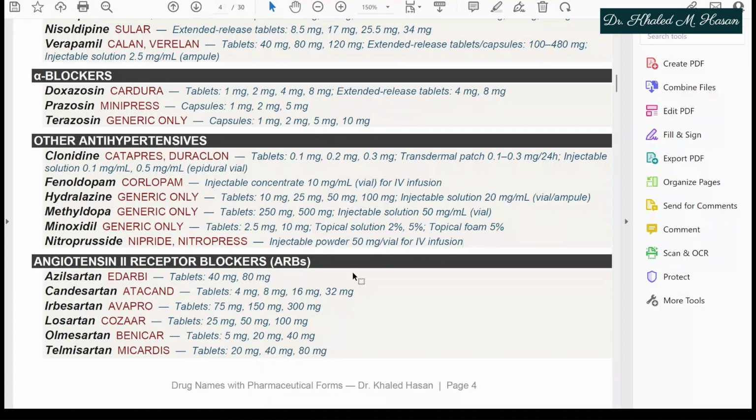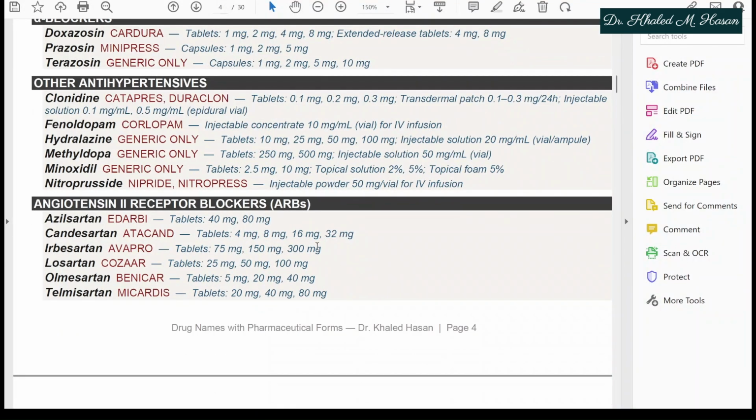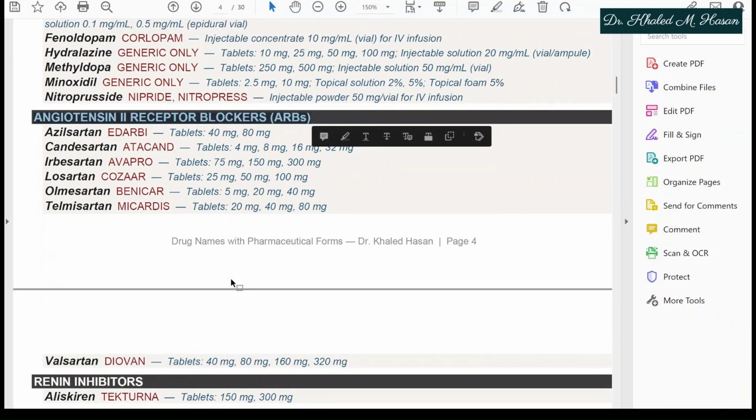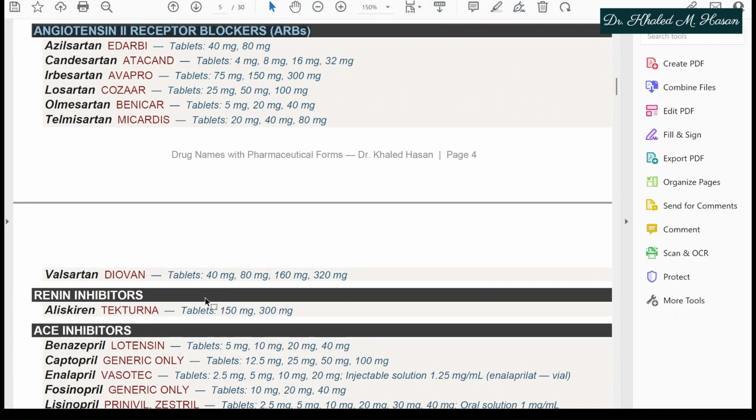Moving to the next section for antihypertensives, which is considered one of the most first line used medications for high blood pressure. We have angiotensin 2 receptor blockers, ARBs. We have azilsartan, brand name Edarbi. We have candesartan, Atacand tablets. We have irbesartan, losartan, olmesartan, and telmisartan. Valsartan, Diovan also.